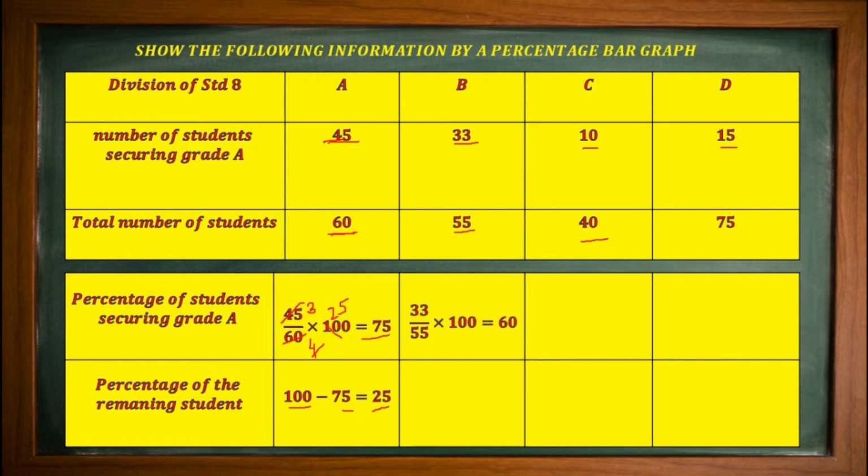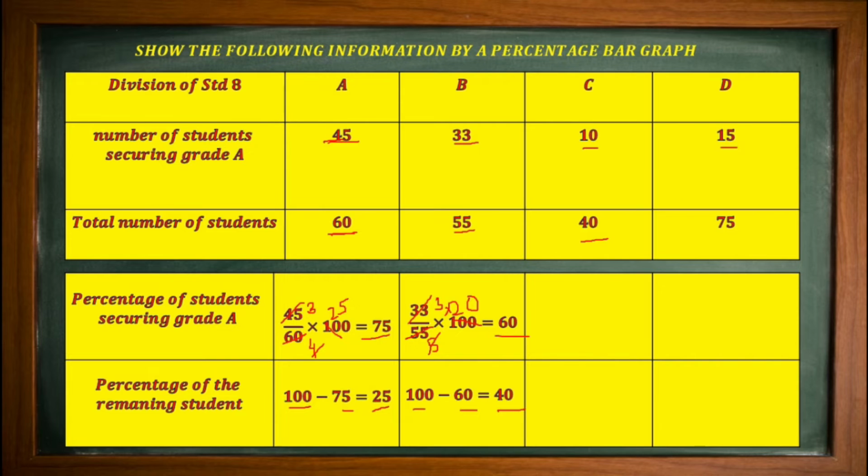In B division, 33 from 55, so 33 upon 55 into 100: 11 threes are 33 and 11 fives are 55, then 5 twenties are 100, so 3 into 20 is 60. So 60% of B division students secured grade A. How many are remaining? 100 minus 60 is equal to 40.